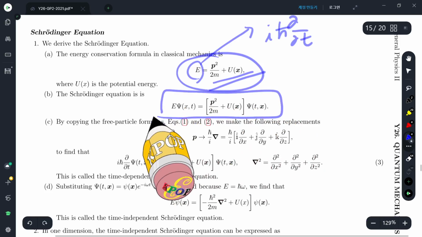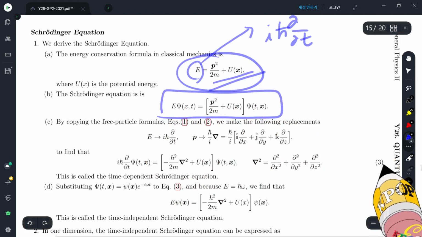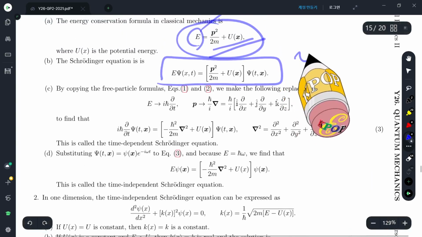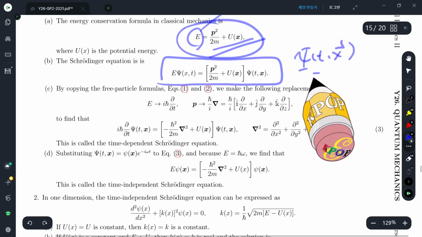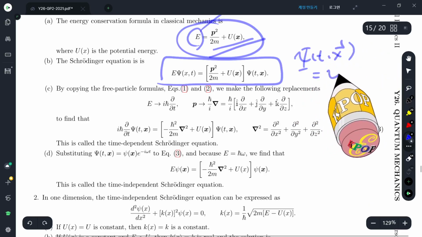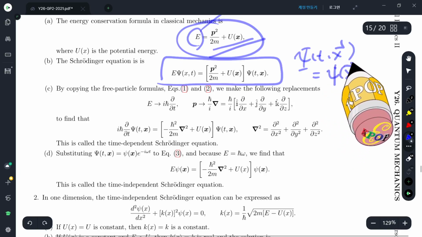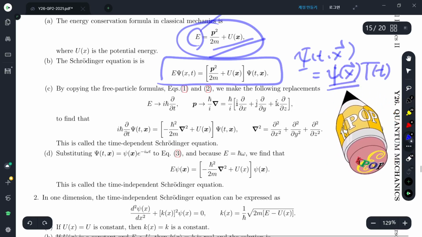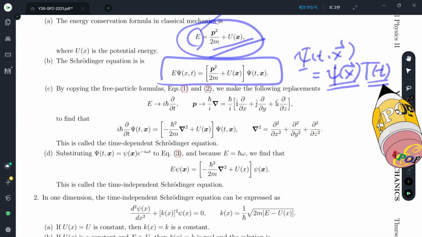Finally, the energy conservation relation can be written in this form, and if we substitute the factorized form, psi(x, t) factorized as, for example, psi(x) and some T(t), where this depends on the coordinate only and this depends on the time only, then we can find two equations.